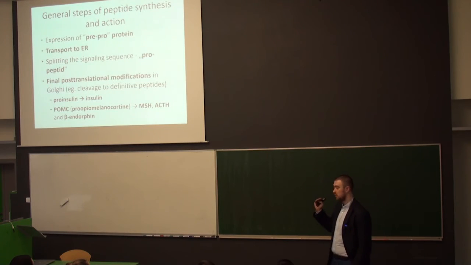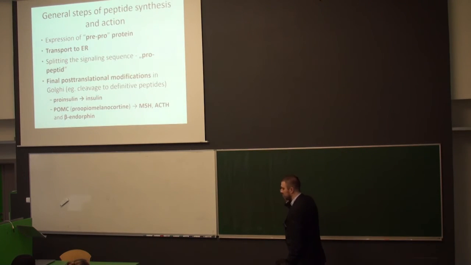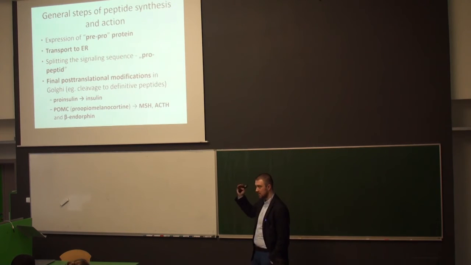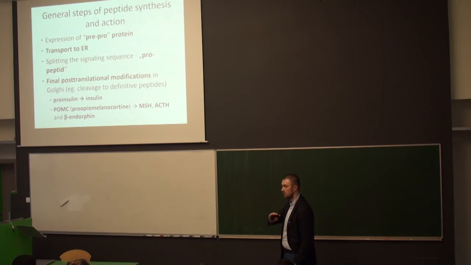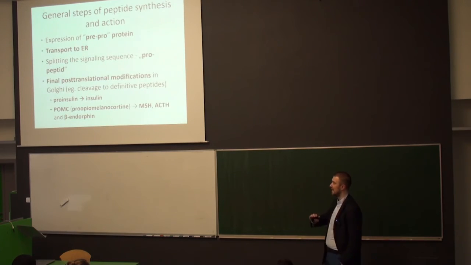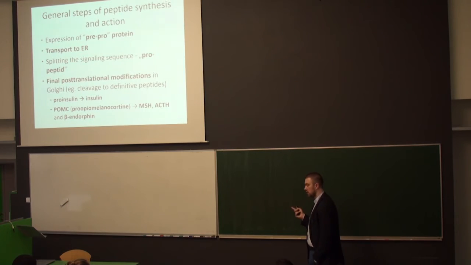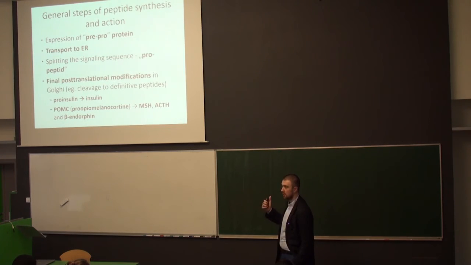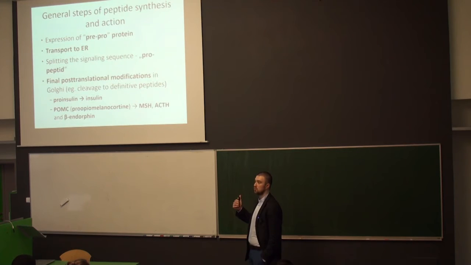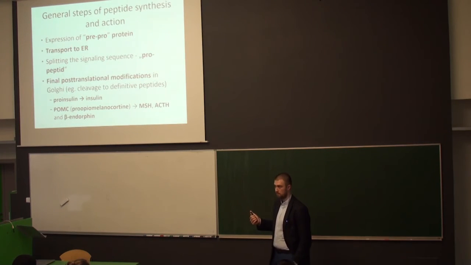So what we expect you to know is simply the steps from the beginning of synthesis till the production of the final peptide signaling molecule. So first, if you want to produce a protein, what you must do? You must start in the nucleus and you must do the transcription process.